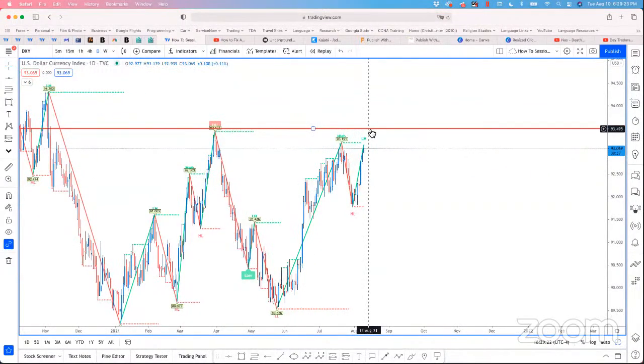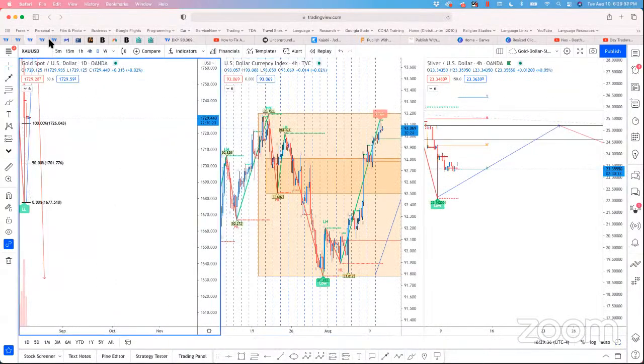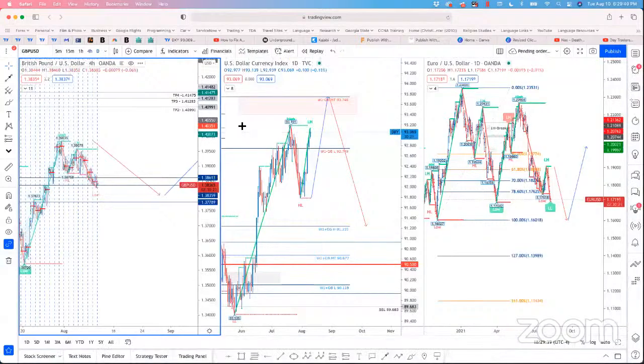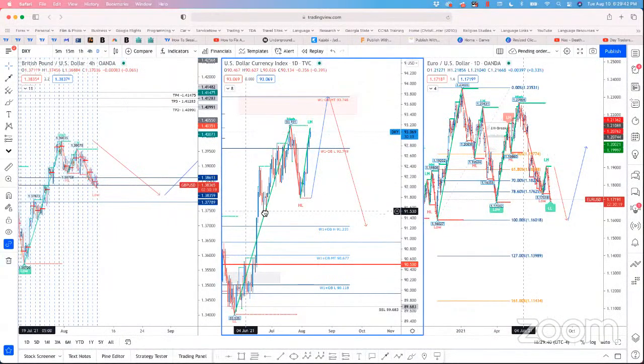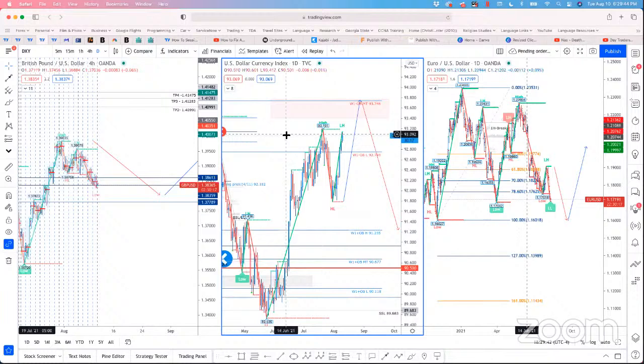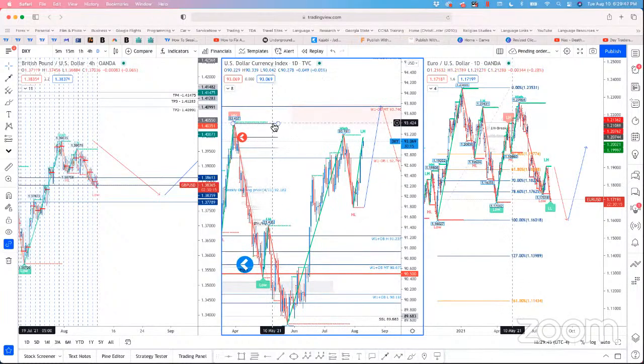Before we really look to buy gold for real, because this is in the middle of an order block from this one right here. This is right around the high of this order block from the daily.